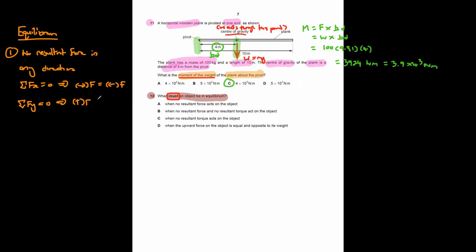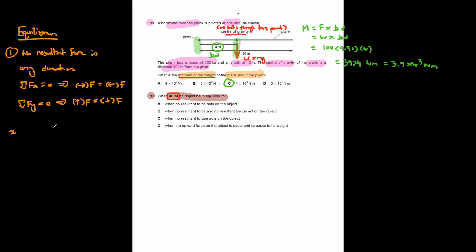For something to be in equilibrium, you must have no resultant force in any direction, which basically means sum of Fx is 0, which also means rightward force equals leftward force, and sum of vertical forces is 0, which in turn means upward force equals downward force.